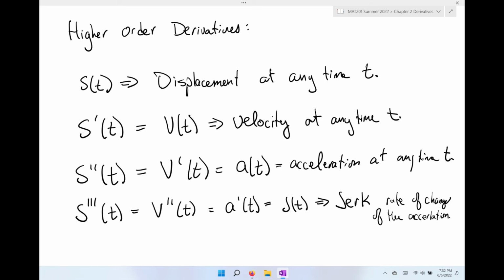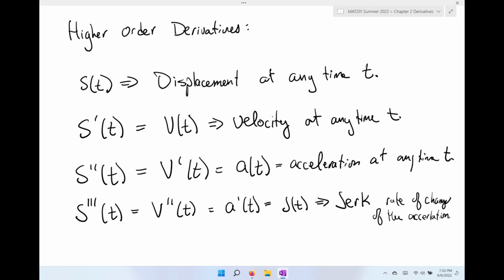So in the next section or next video, we are going to be doing a lot of derivatives using some derivative rules. Initially, I'm just going to show you what they are, show you some examples.